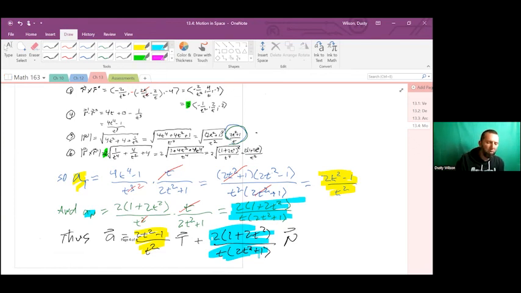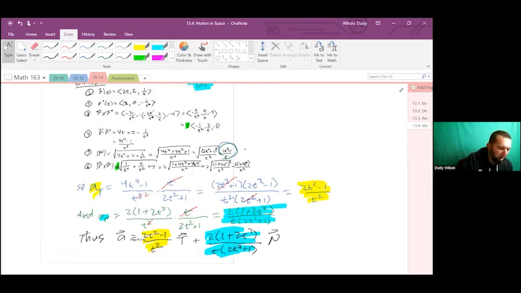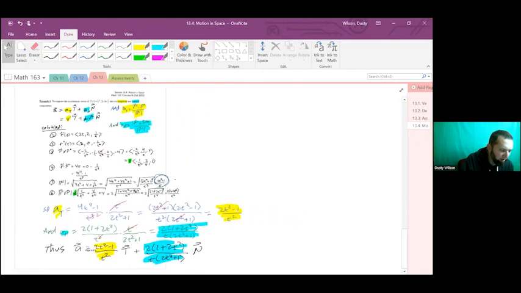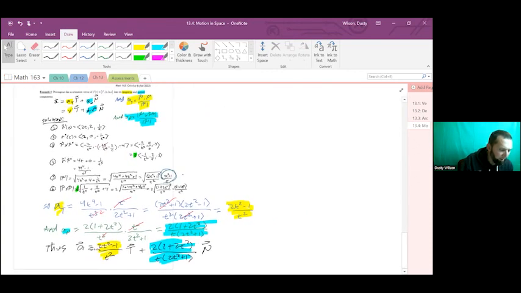And so we probably wouldn't find this N vector unless we were given a specific point at which to do that. So let me back out. Here's the whole question in its entirety. And there you have this nice, simple, clean, and kind of fun lesson on motion in space.